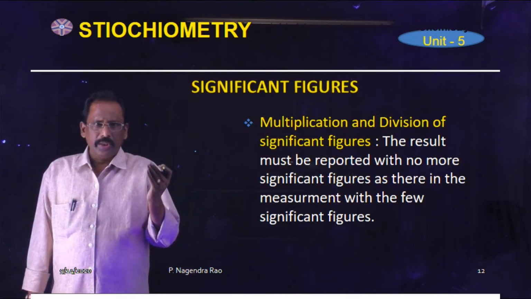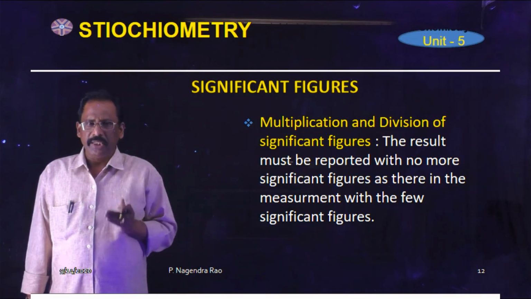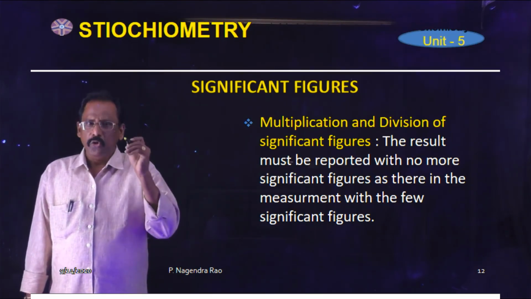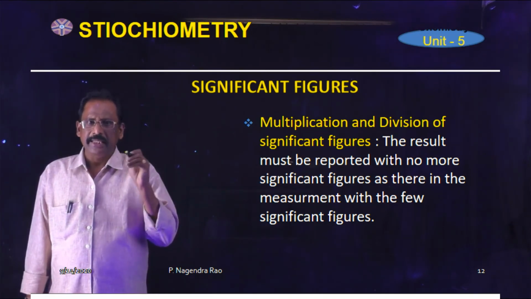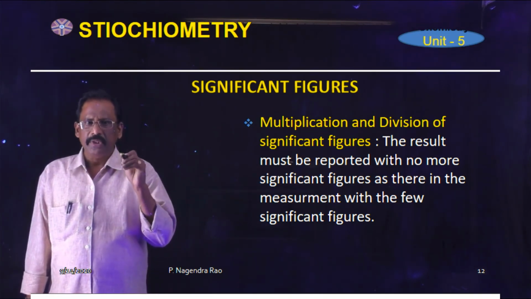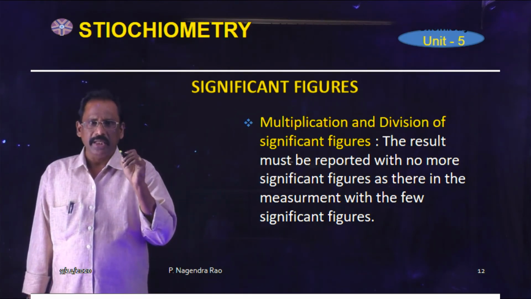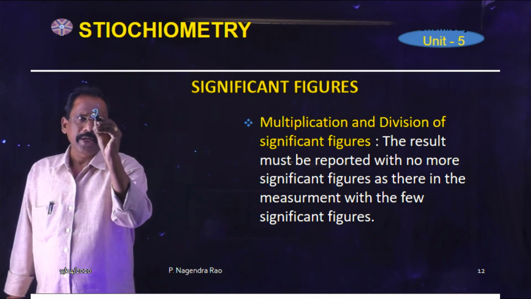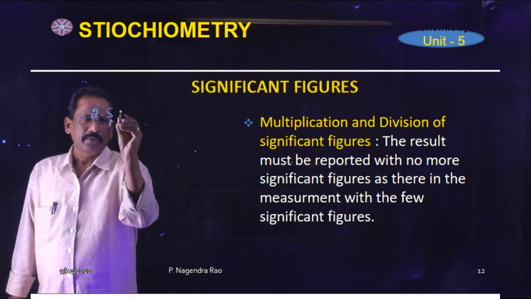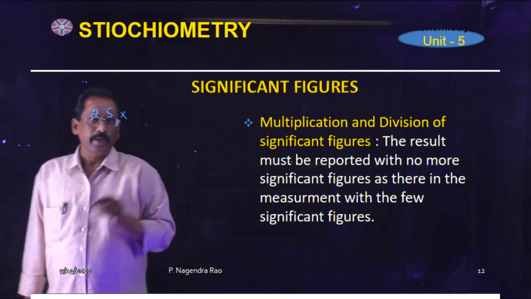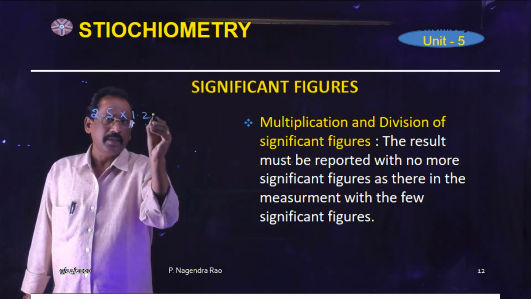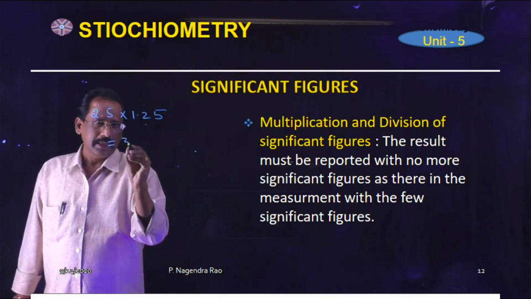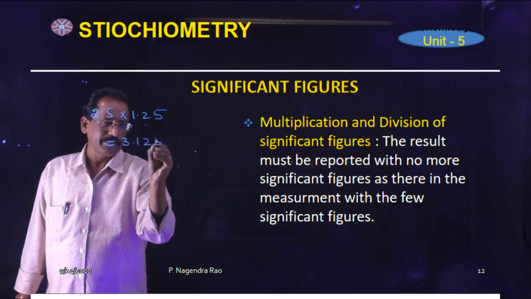And then in the multiplication and division of significant figures, the result must be reported with no more significant figures than there are in the measurement with the fewest significant figures. For example, 2.5 into 1.25 is equal to 3.125.